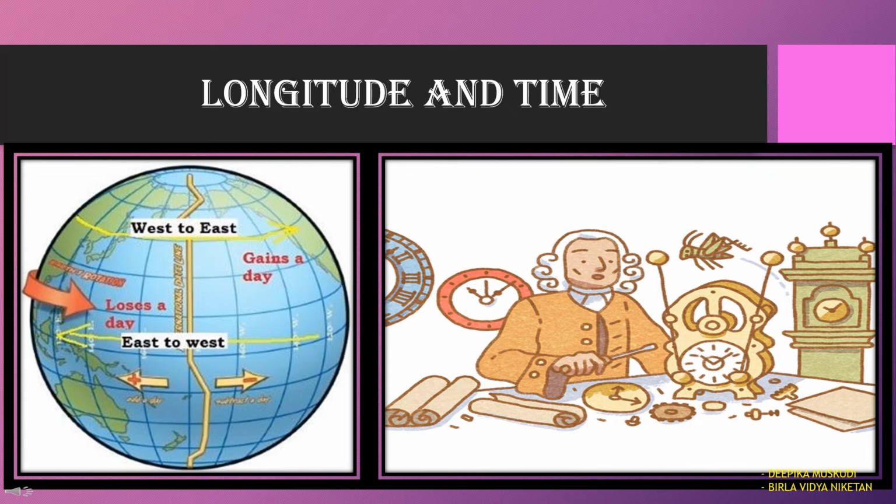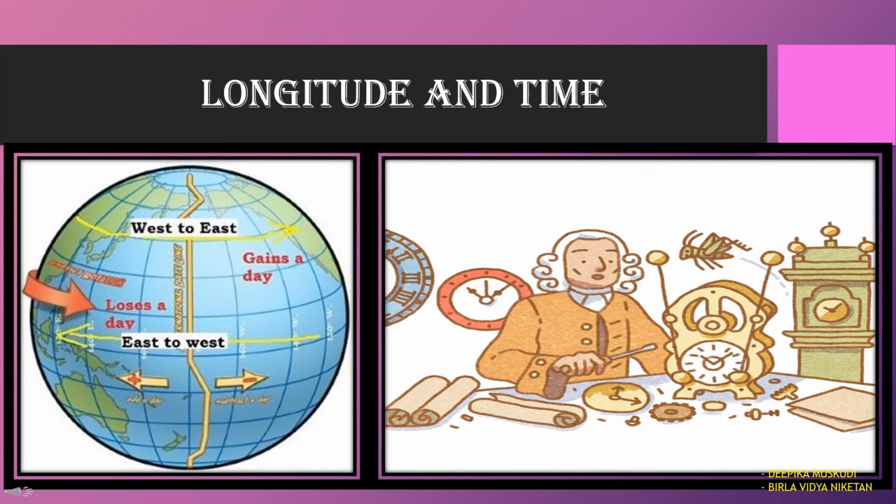Local time can be calculated by the shadow cast by the sun, which is the shortest at noon and longest at sunrise and sunset. When the prime meridian of Greenwich has the sun at the highest point in the sky, all the places along this meridian will have midday or noon.